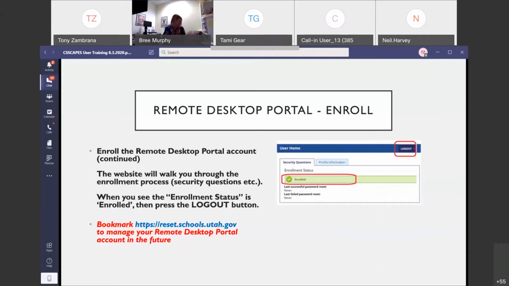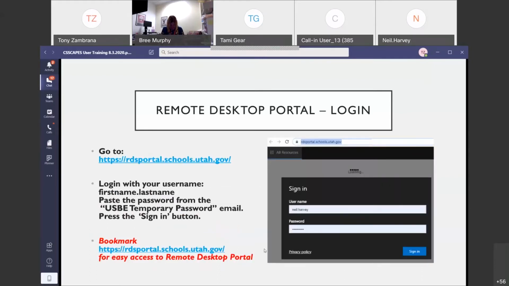If you continue, it kind of goes into a loop and it's easy to get lost here. So just look for that green check mark that says you're enrolled and then log out. And once again, you may want to bookmark this page if you ever need to go back and change the password, say, or do anything else with this account. You can go to the next one.